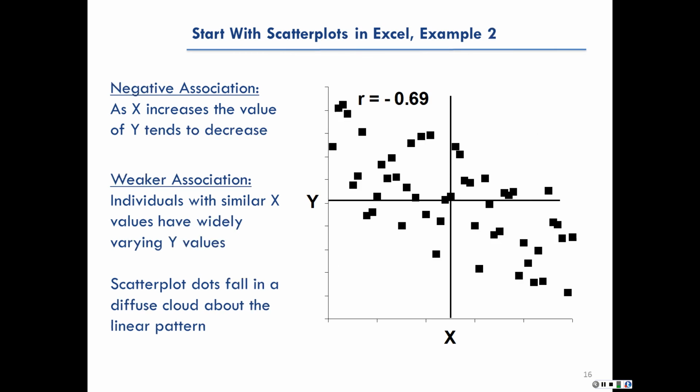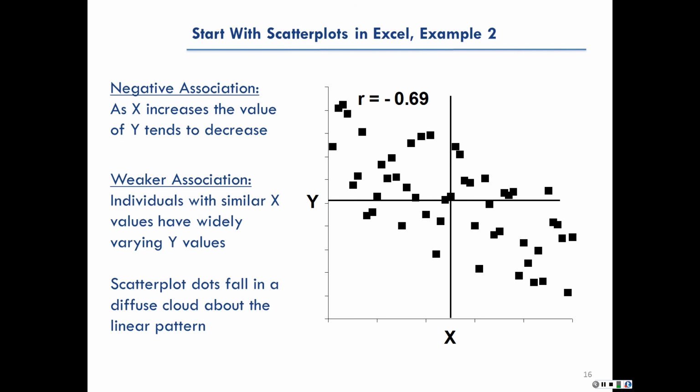Another example would be a negative association. In this example, as x increases, going from left to right, the value of y tends to decrease. This association isn't quite as strong as the association we saw on the previous slide, so the pattern of the individual observations is a little more diffuse, but there's a clear downward slope to this cluster of observations.